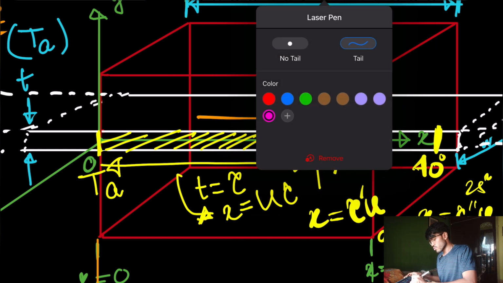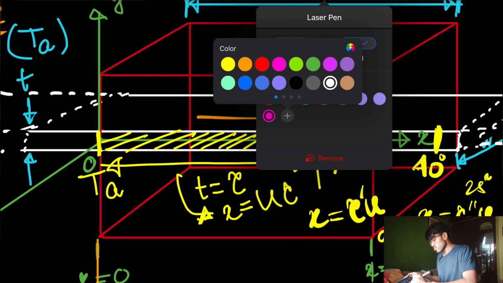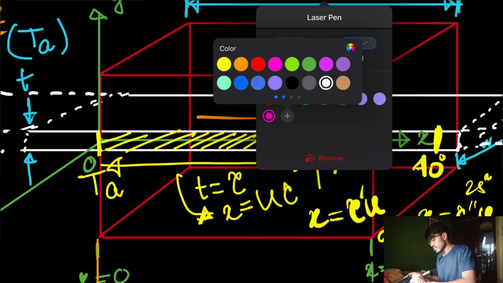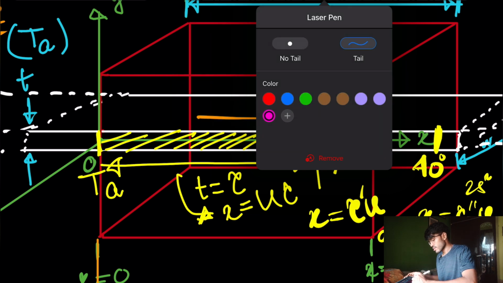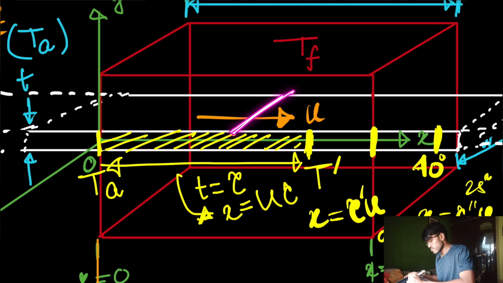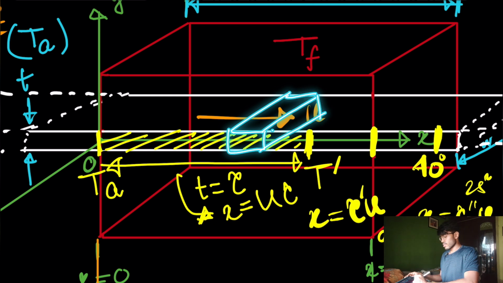Yes, I can. Blue will be the right thing. Okay, I have chosen blue. So this is my control volume. Okay, this is my control volume.